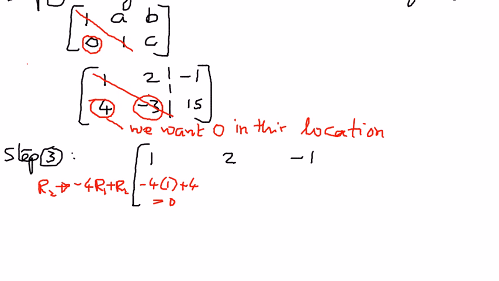The second column, we have -4 times 2 minus 3. -4 times 2 is -8. -8 plus -3 is equal to -11, and then -4 times -1 plus 15. Negative 4 times negative 1 is positive 4.